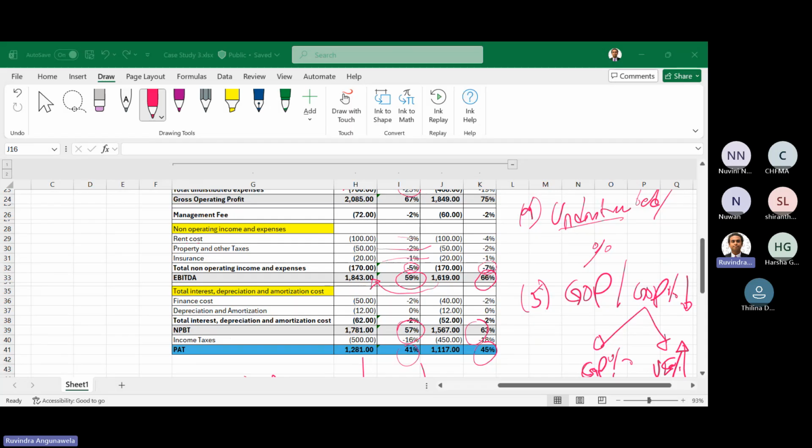Do you understand this or do you need further explanation? What is the situation? All clear, sir. Good. Nuvini, Nuan, Harsha, Chiranta, what about y'all? Nuan, good. Harsha, good.